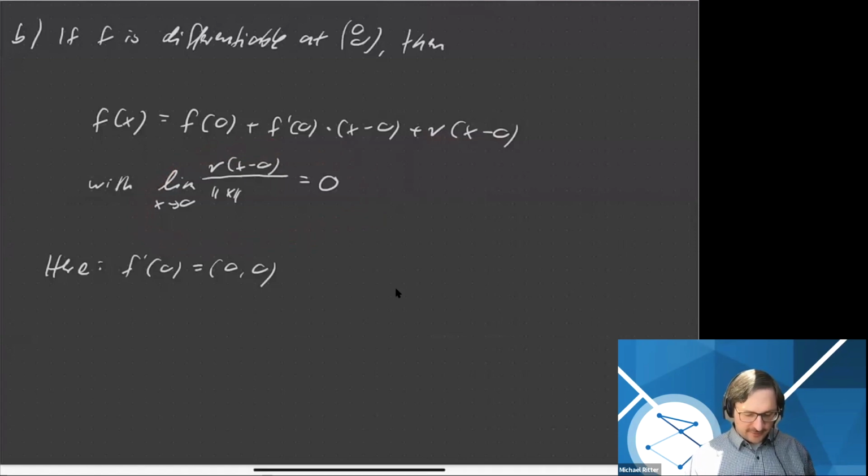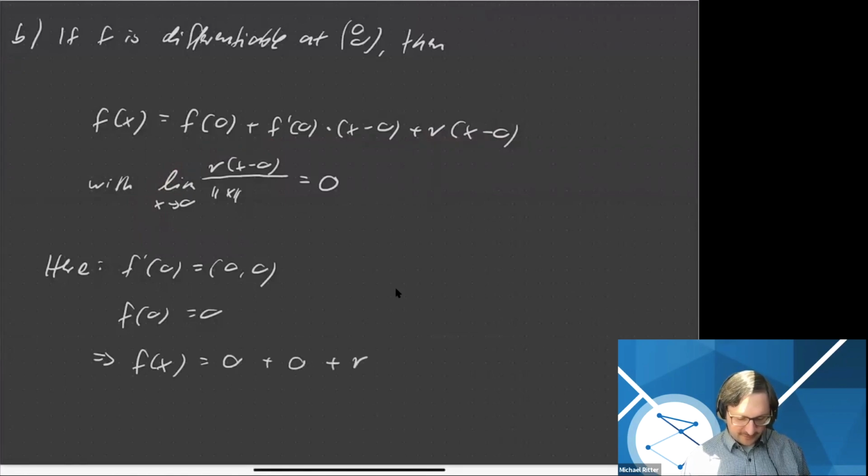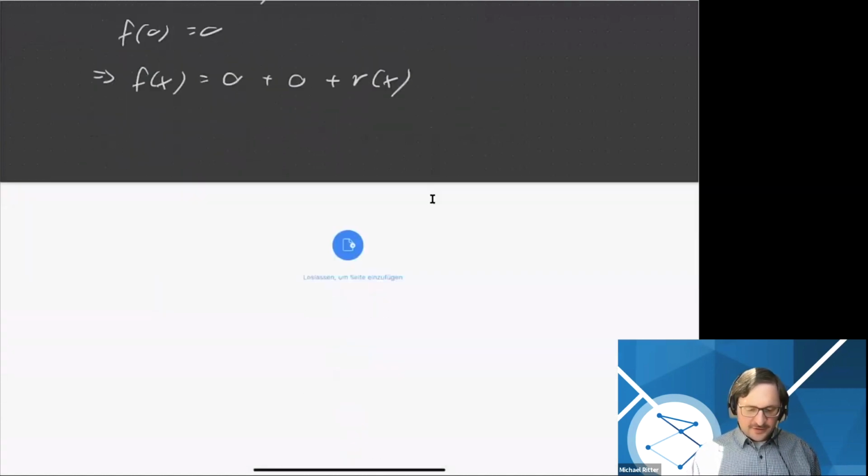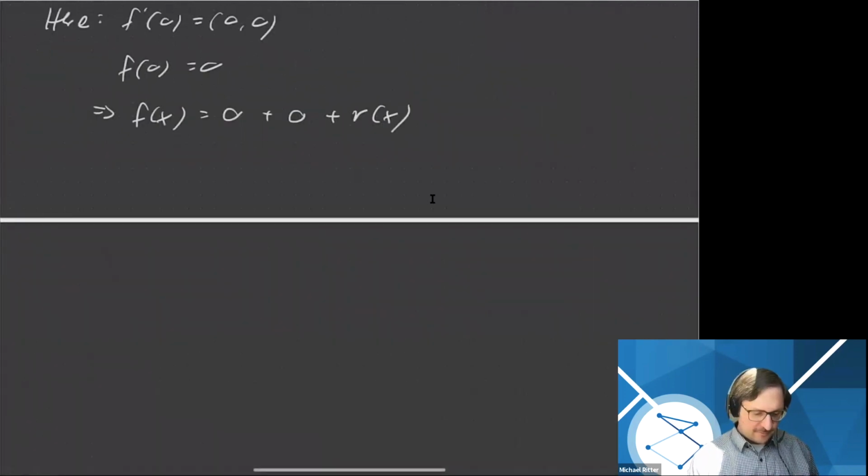So f prime of 0 is (0, 0), and f of 0 is also 0. So that means f of x equals 0 plus that remainder, and I just write r of x. X minus 0 is obviously x again. Okay, so we can just use that to verify that condition.